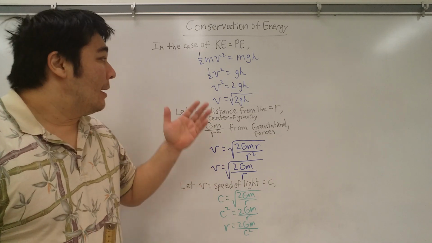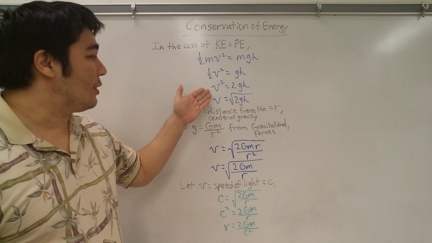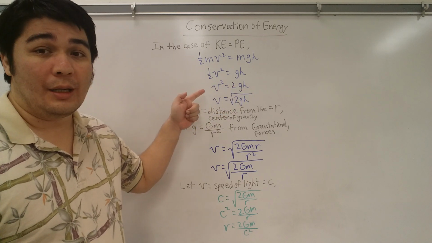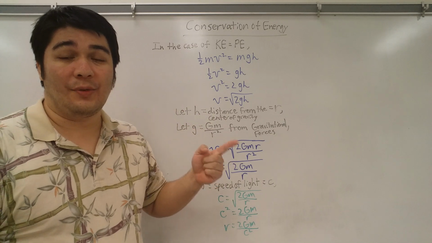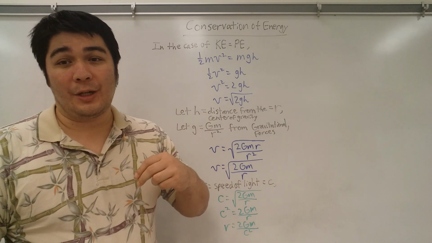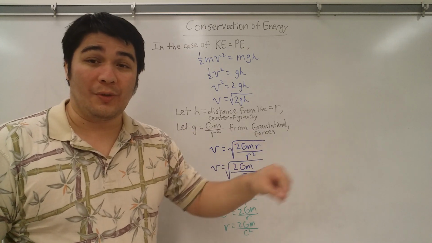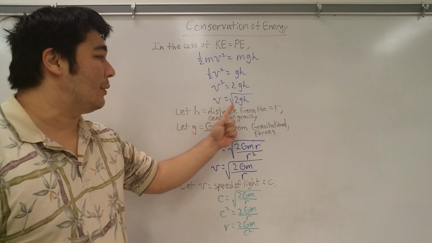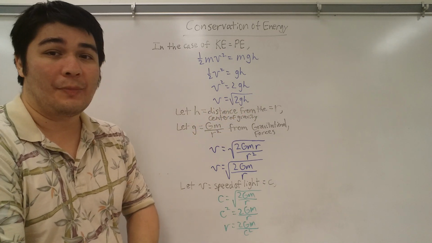We now have v squared equals 2gh. The operation being done to the velocity is the square function, and the opposite is the square root function. So we take the square root of both sides and get v equals the square root of 2gh, which is great.